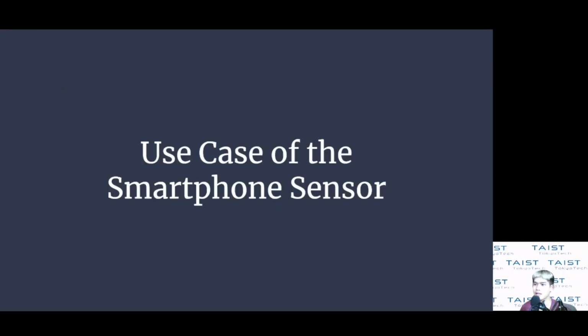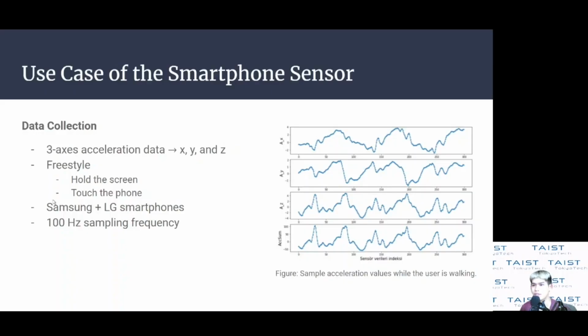Now let's take a look at how they used their smartphone. For the data collection, they collected all three axes, x, y, and z, of the acceleration data. How the user interacts with the phone is freestyle.